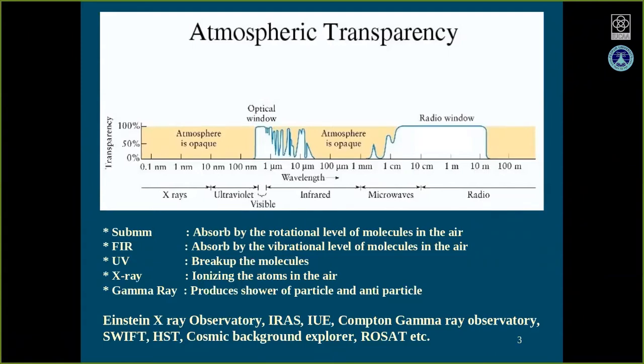But I want to mention one more point here. If you would like to observe an optical photon, then you need an optical telescope. If you would like to observe a radio photon, then you need a radio telescope. And the technique, the structure or optics of all these telescopes are different. It is not the same because energy ranges are different.